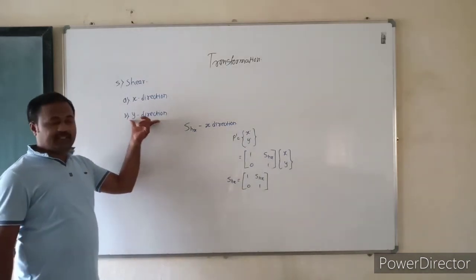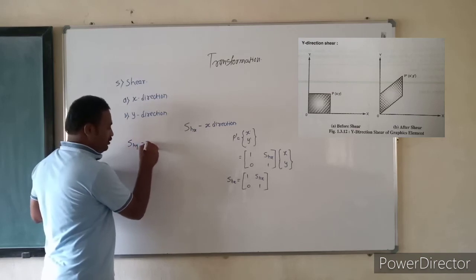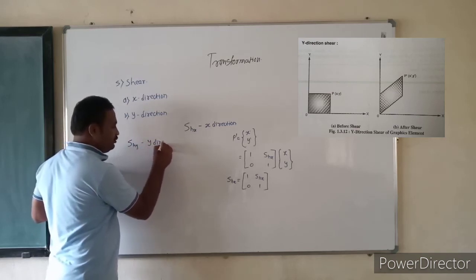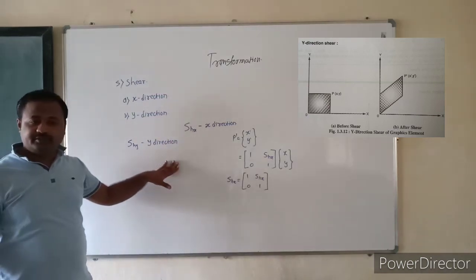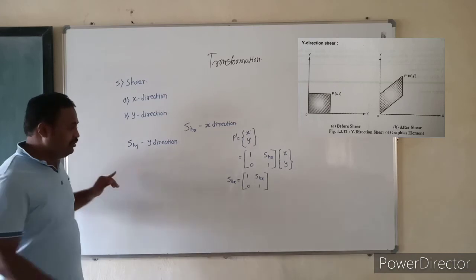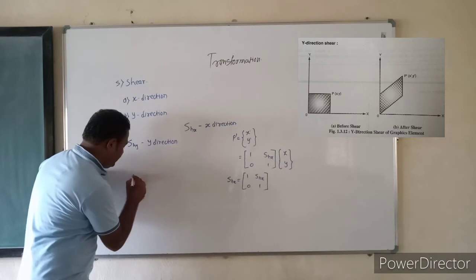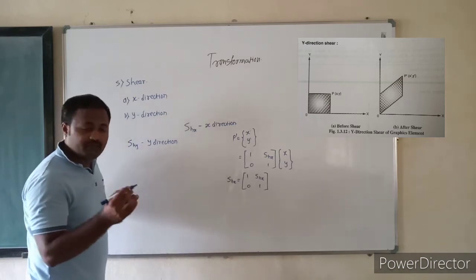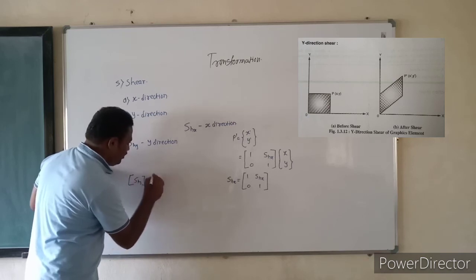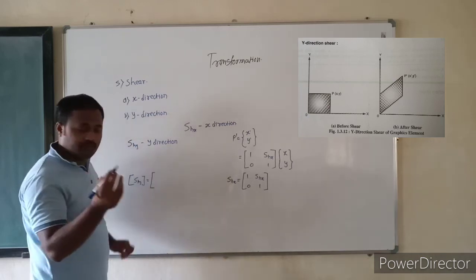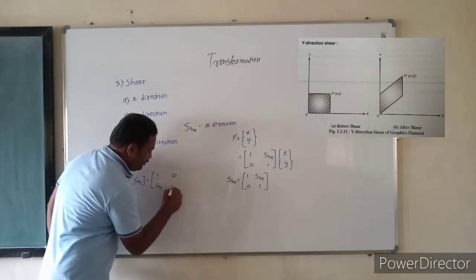Similarly, if it is shearing in Y direction, SHy is the Y direction shearing. The matrix for finding the shearing in Y direction is SHy equal to 1, 0, SHy, 1.